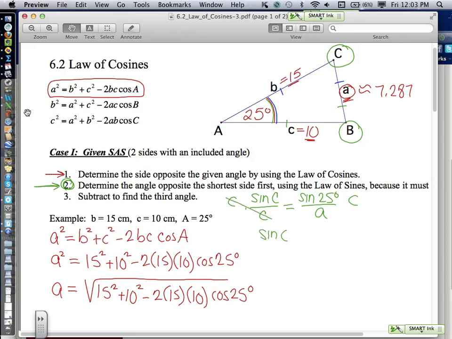You get sine C equals the sine of 25 degrees. And then side C was given as 10. And side A, we've labeled our diagram as approximately 7.287, but we have a much more accurate version of that number right in our calculator.